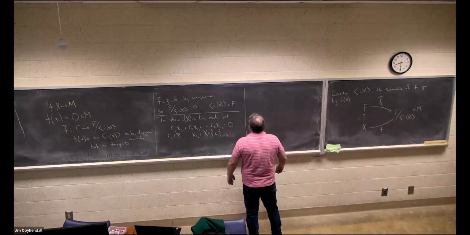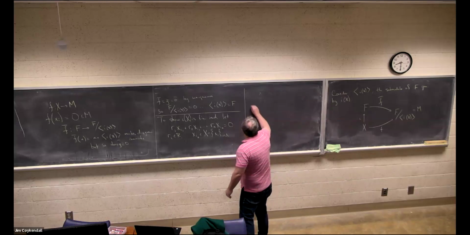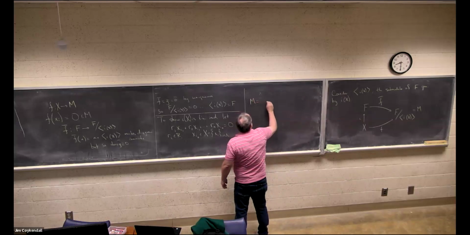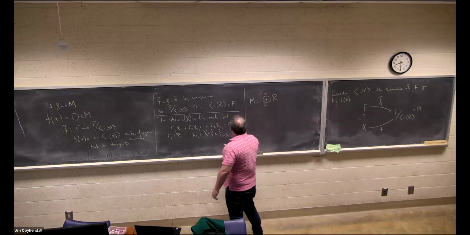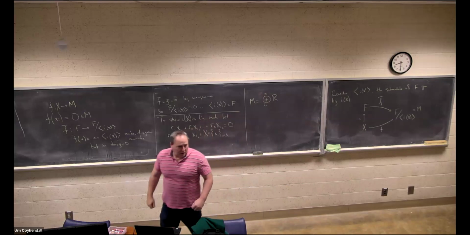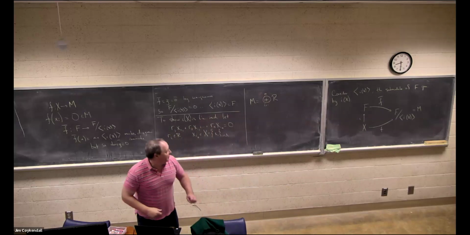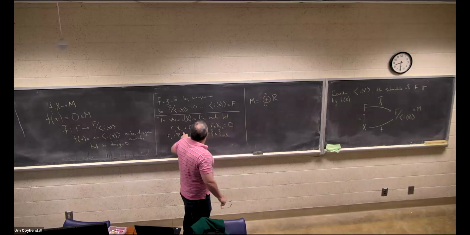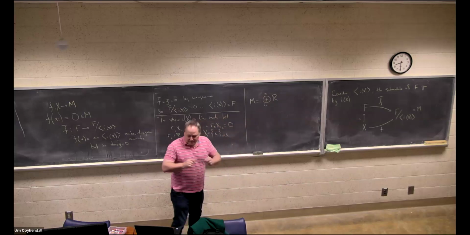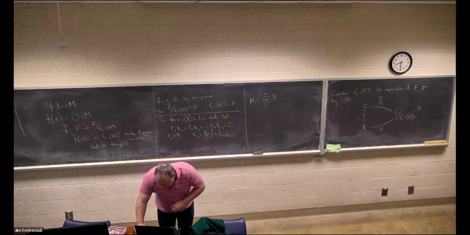What I'm going to do here is let M have one copy of R. So this is like a direct sum of N copies of R, and the N just matches how many of these I have here.